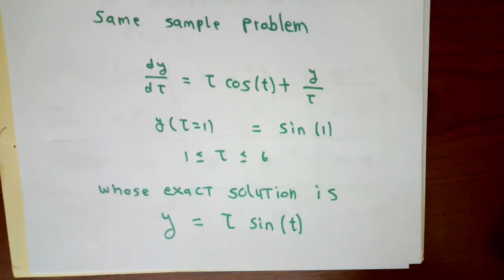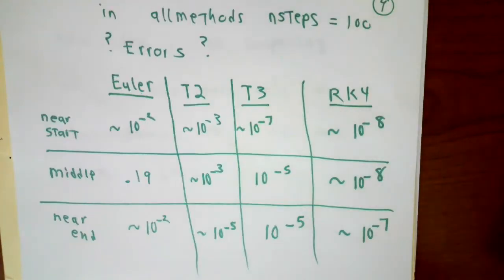Having a new numerical method, we can try that method out on our sample problem. In all of our sample problems here, I'm going to use 100 subdivisions in the interval from 1 to 6. And rather than have you look at the numbers from the code, I'm going to just present them here. I'm going to look early in the calculation, near the middle, and towards the end.